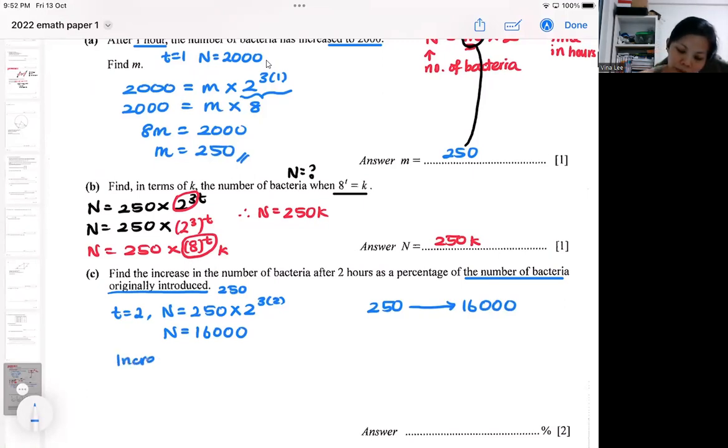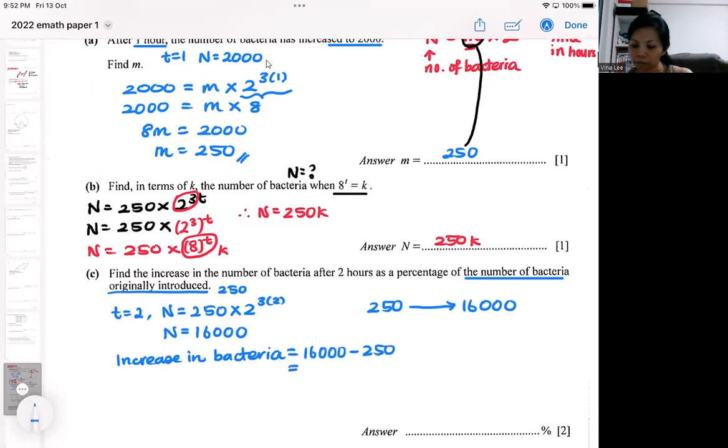So I'm quite sure you can find what is the increase in the number. So the increase in the bacteria within that 2 hours will be 16,000 minus 250. So it actually increased by this quantity within the 2 hours.